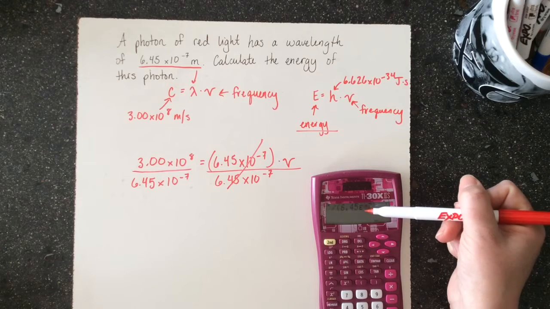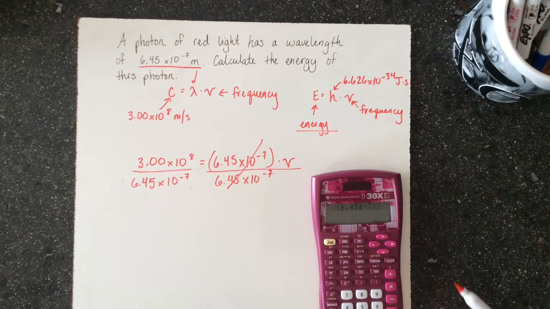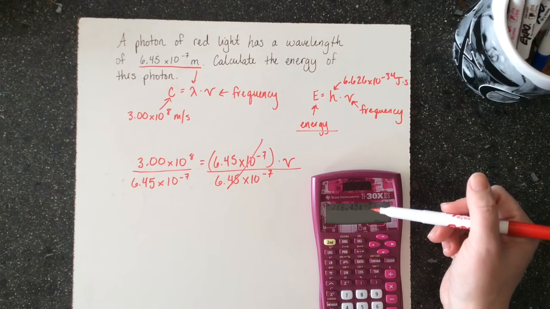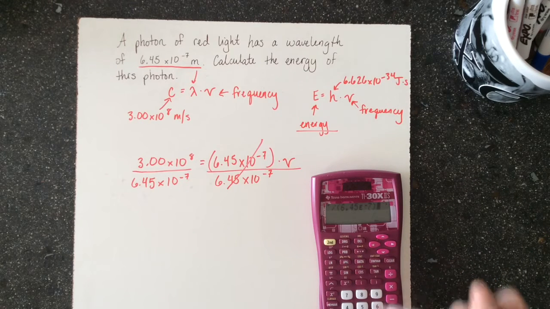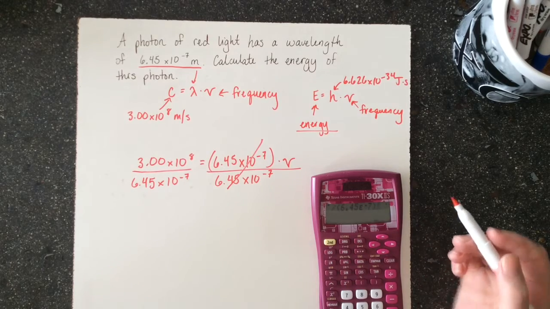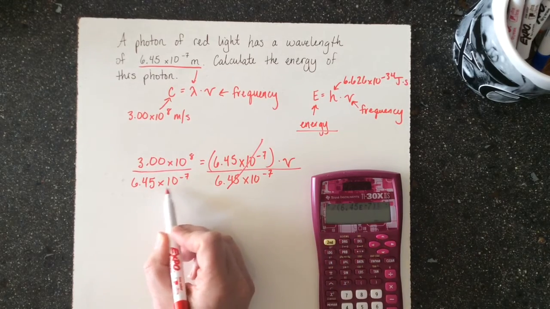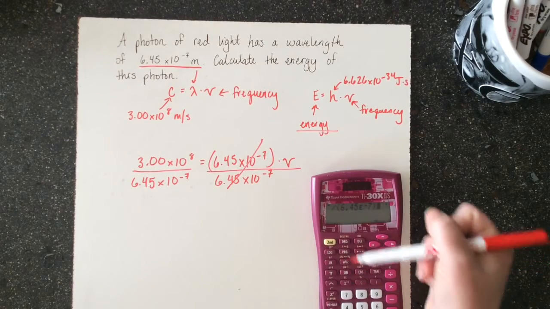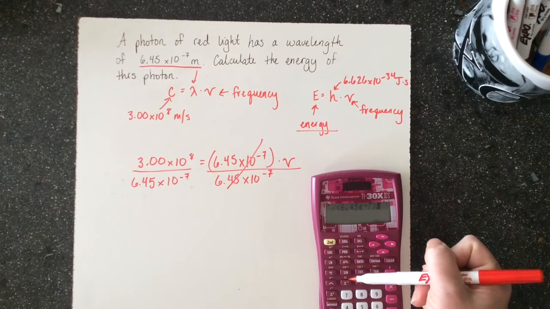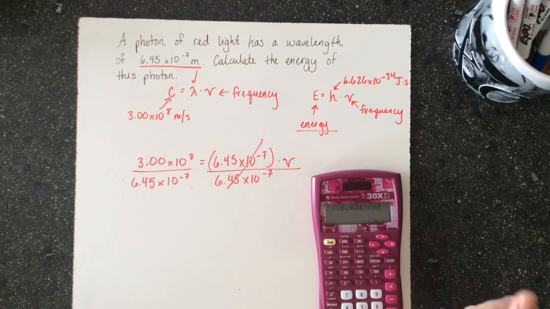Calculators vary, but typically you'll see a little EE above a button. That means times 10 to the power on the calculator. For this calculator, I have to hit the second button first to get the yellow parts. Second and then that means times 10 to the, so you don't have to do anything extra with that.